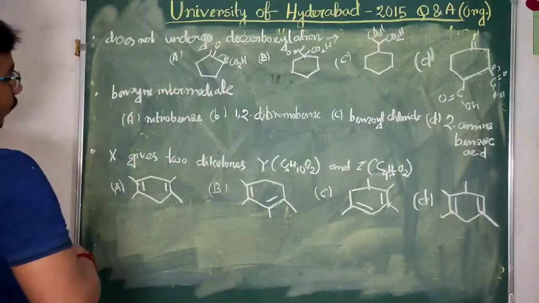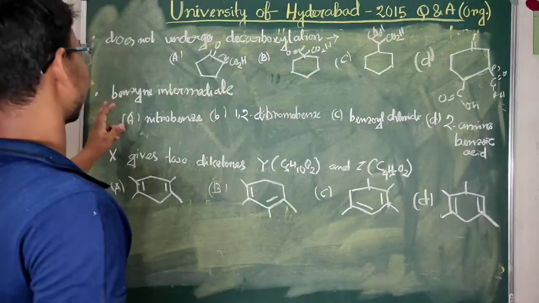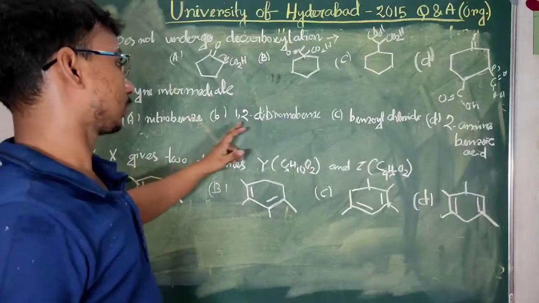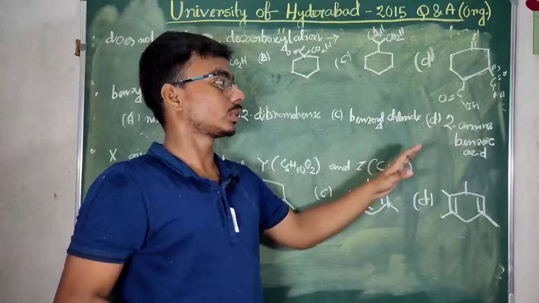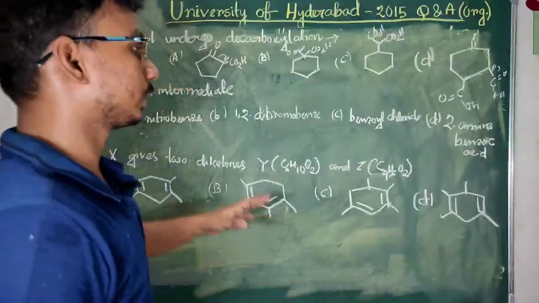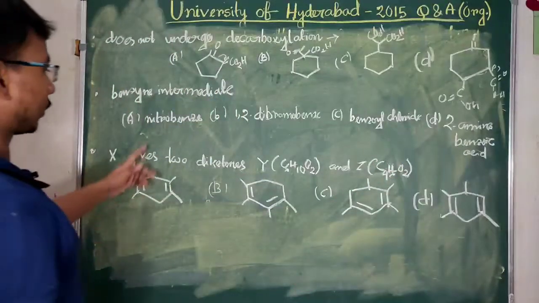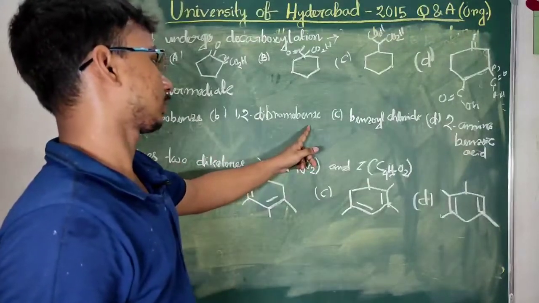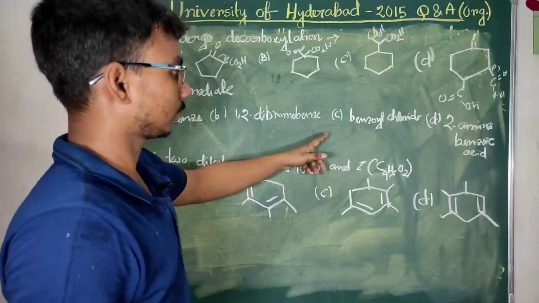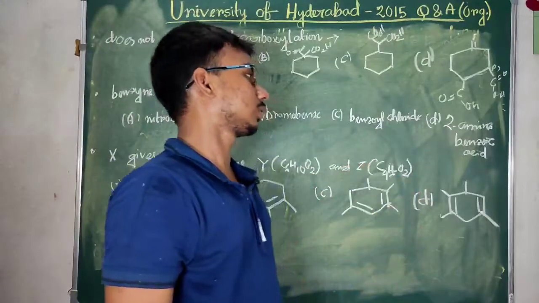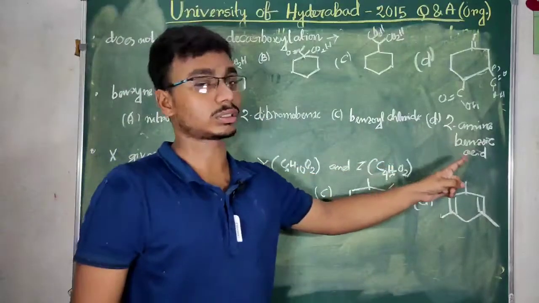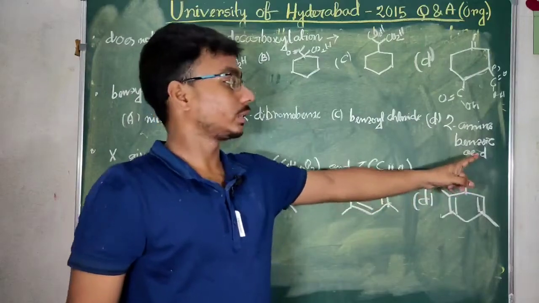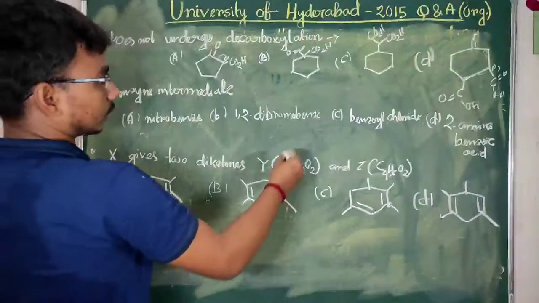Benzyne intermediate means, for these 4 options, which easily gives a benzyne intermediate. Nitrobenzene? No. 1,2-dibromobenzene, it's also not. Benzoyl chloride, it's also not. 2-amino benzoic acid, it's the option. Why? Let's see.